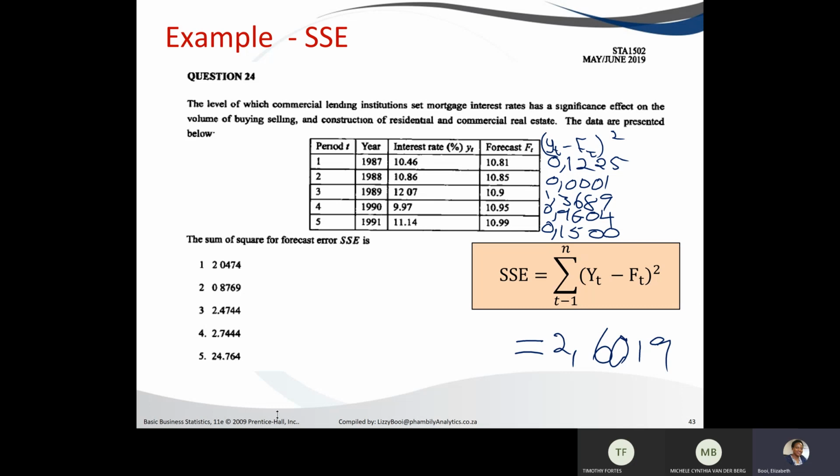12.07 minus 10.9. 1.3689. 9.97 minus 10.95 squared. 0.9604. 11.14 minus 10.99 equals 0.15.